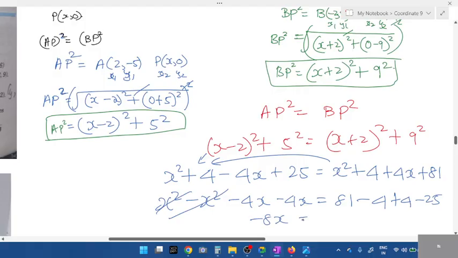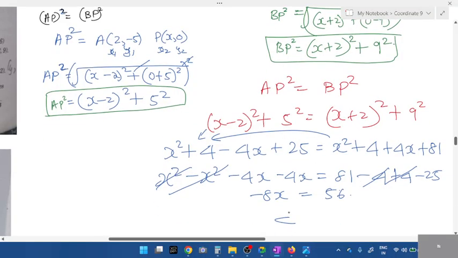Minus 8x is equal to, these two get cancelled. So what is 81 minus 25? 56. Then what is x value? Minus 8. Minus 8 is given, right? So the answer is minus 7.